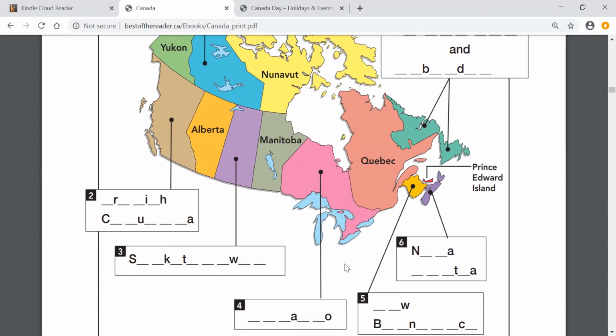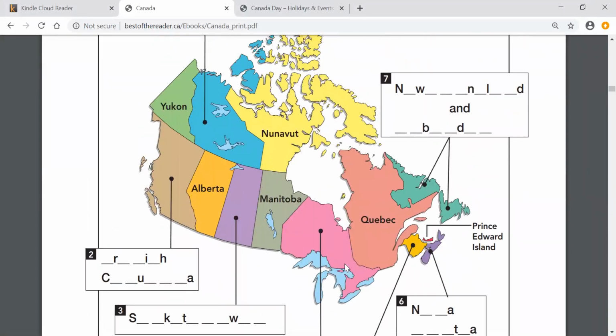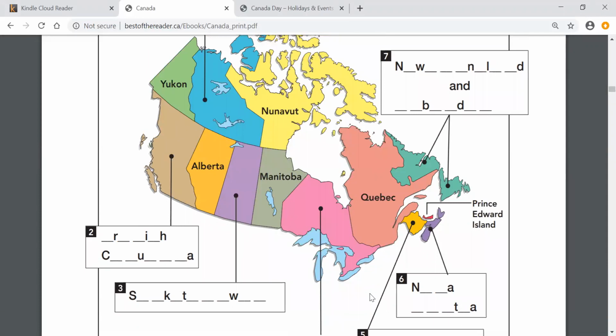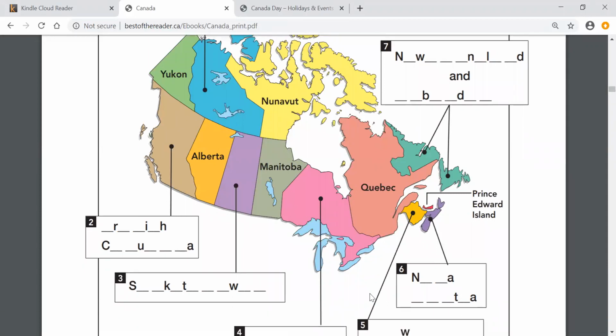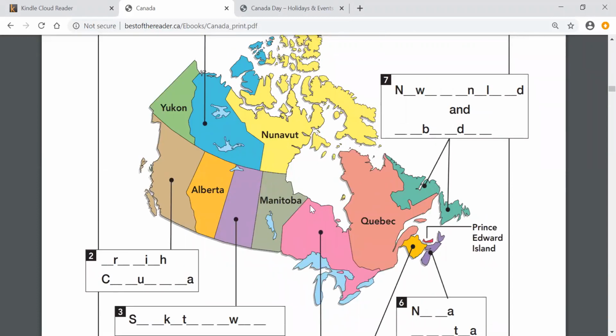For example, what is the province that we live in? We live in the province of Ontario. If you look here in number 4, this is Ontario, the one in pink. We live in the province of Ontario.